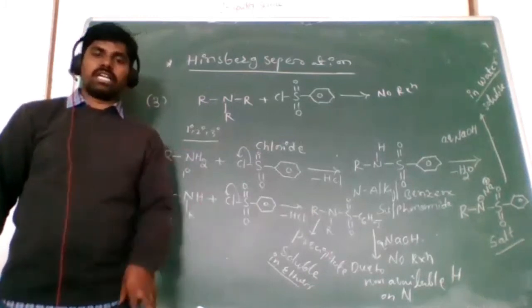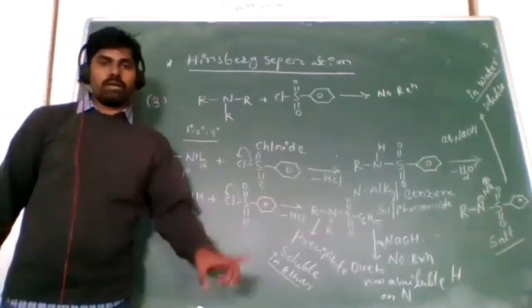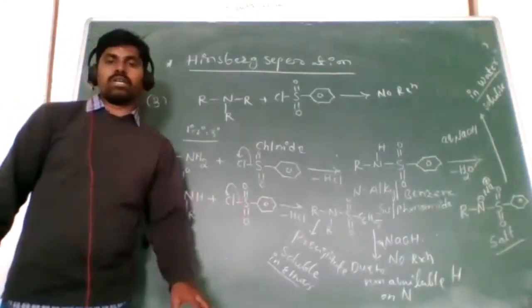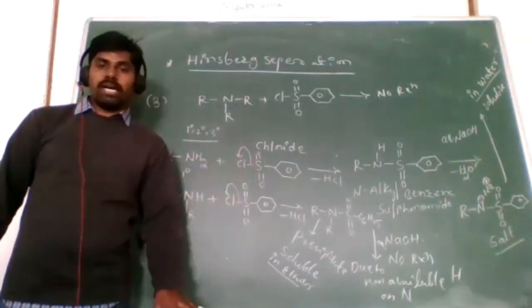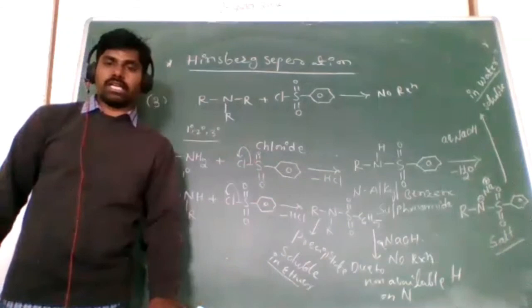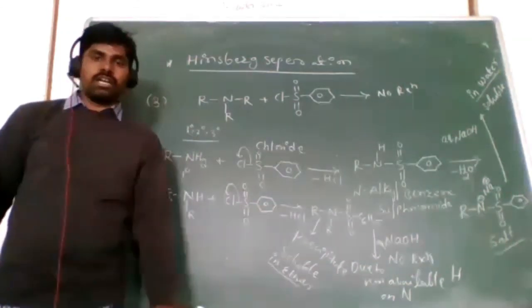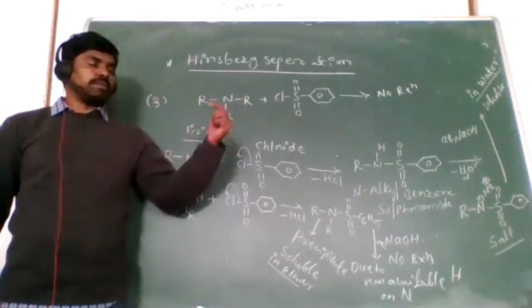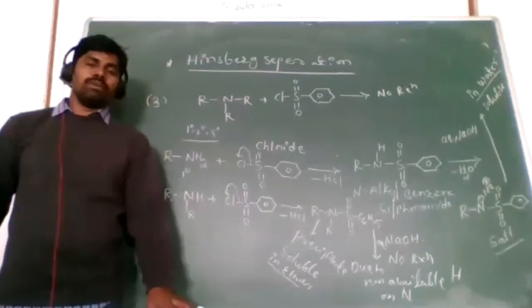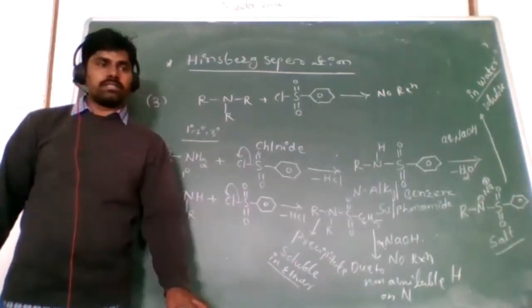If it reacts with the benzene sulfonyl chloride only, not with the sodium hydroxide, that component is only soluble in ether. If the amine is not reactive with the benzene sulfonyl chloride, that is the tertiary amine. So using the Hinsberg reagent, we can separate primary, secondary and tertiary amines. Okay, understood?